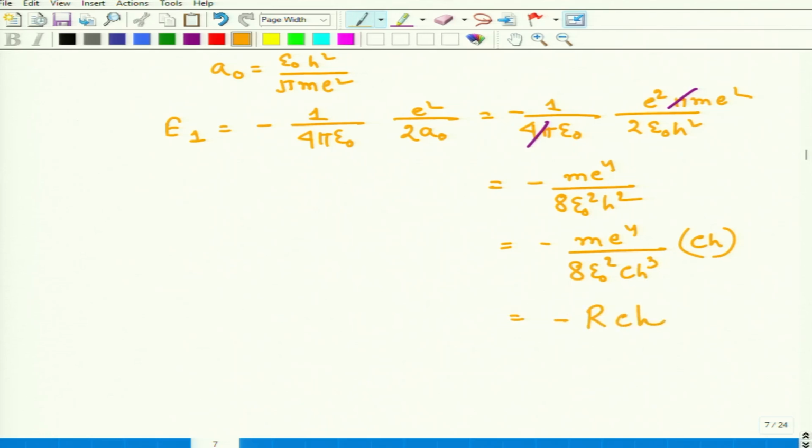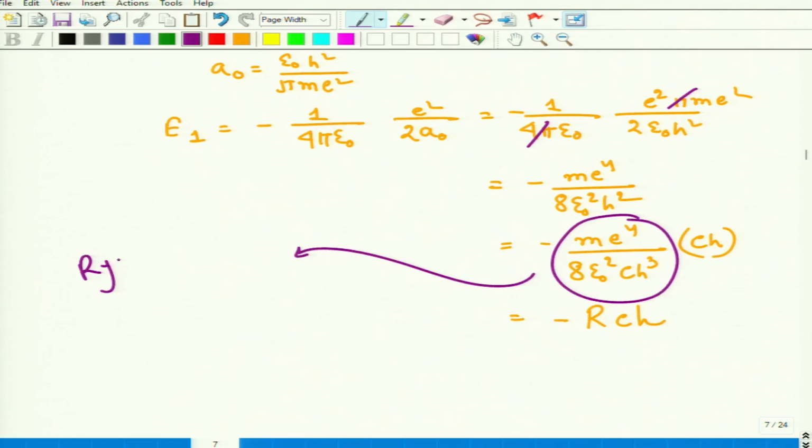This part is called the Rydberg constant. This is constant because m is the mass of electron, constant, e is charge of electron, constant, epsilon naught constant, c constant, h constant, all of that is constant. So this E1 is also constant, right?